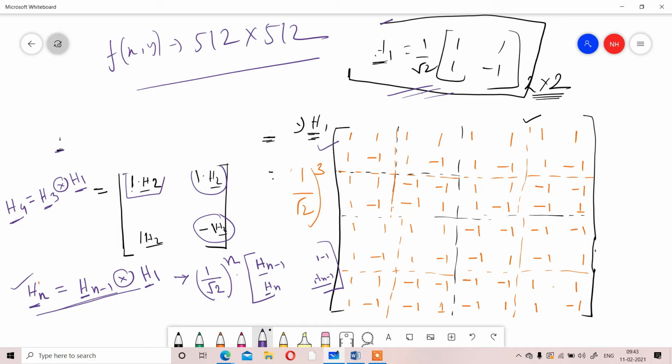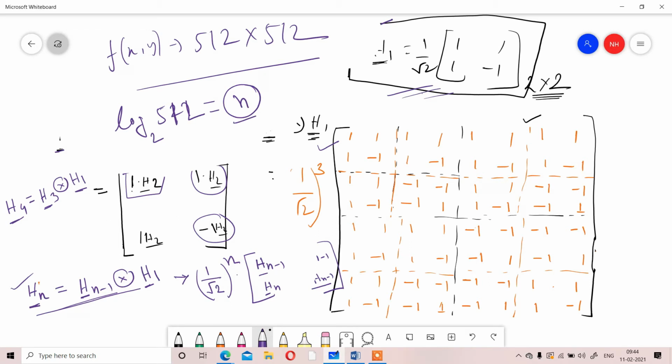What will you do? First, you will calculate log base 2 of 512, since N is 512, and whatever the value is will be the order of the Hadamard transformation matrix.